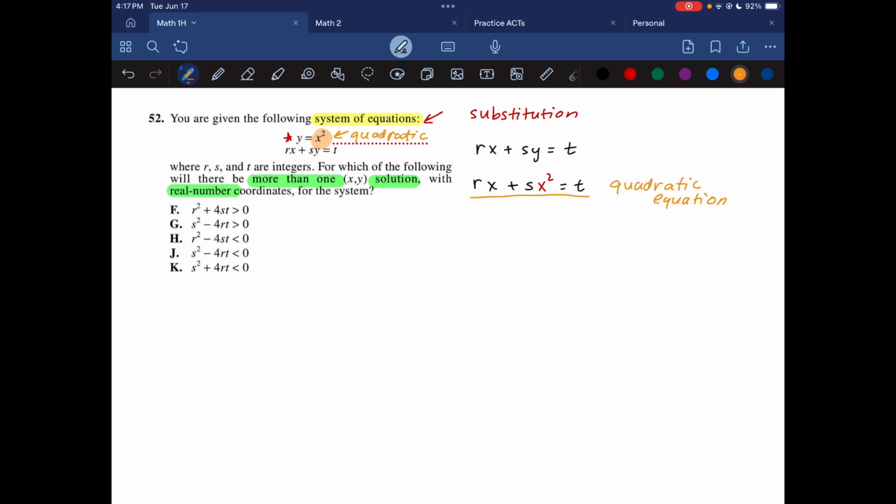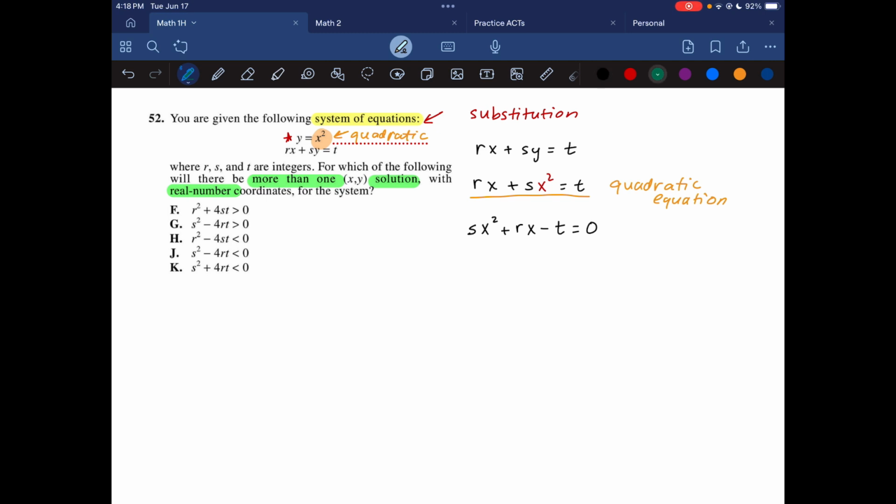So I'm going to rewrite this in standard form, set equal to 0. I moved the t over to this side, and I swapped the positions of those two so that the x squared term is first. Now we have a quadratic equation set equal to 0, so now we can solve it.